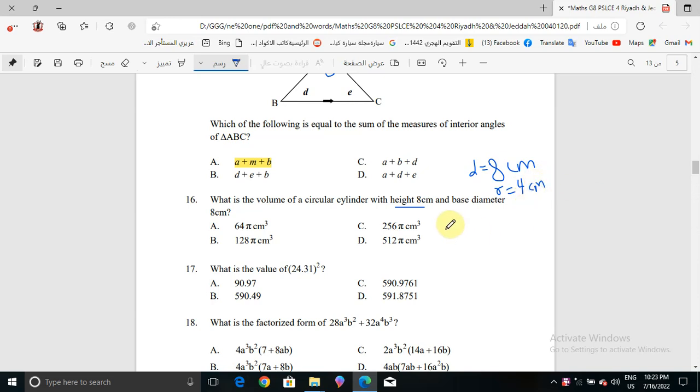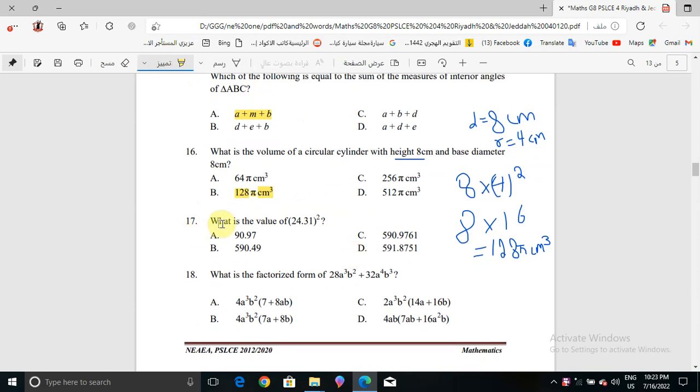Now what we will do here is pi times r squared times height, so that means 8, which is the height, times 4 squared, which is 16. Then 8 times 16 gives the final answer, 128 pi cm cubed. So the correct answer for question number 16 will be choice B, which is 128 pi cm cubed.